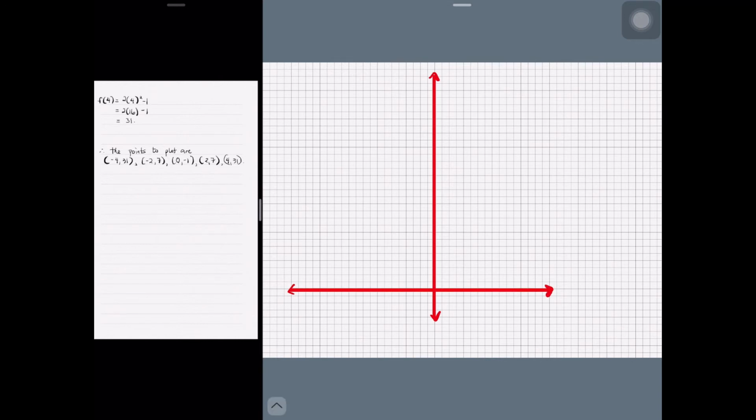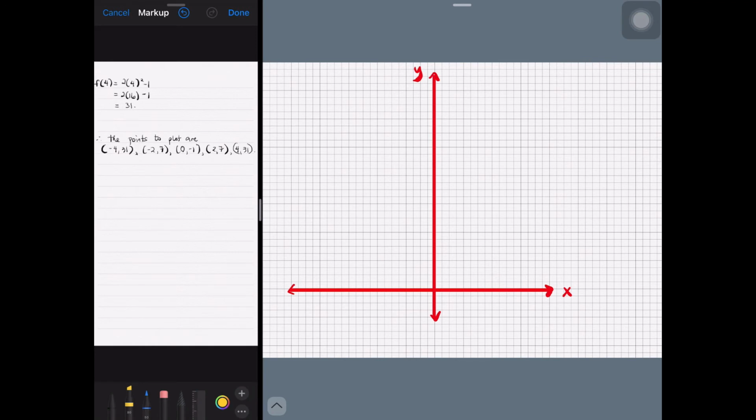Now notice that I have a greater space here at the y part. This is because we have solved 31 for our y values here. It gives us a hint that we have to have greater space here at the y so we can cover up until 31.